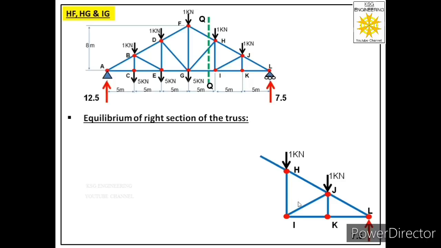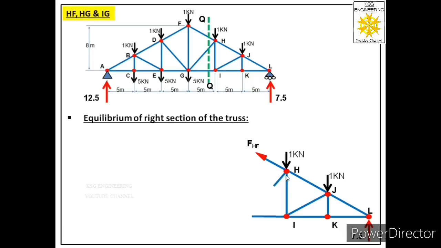So this is member HF, this is HG, and this is IG. Then in the next step, we will label the direction of the forces in these 3 cut members. And we will label those directions away from the joint. Means we will consider tensile forces in these 3 cut members.